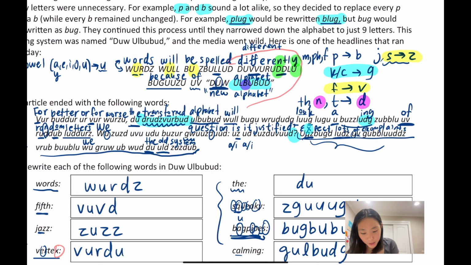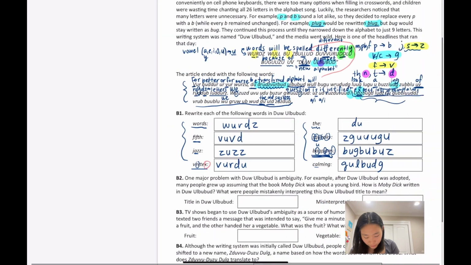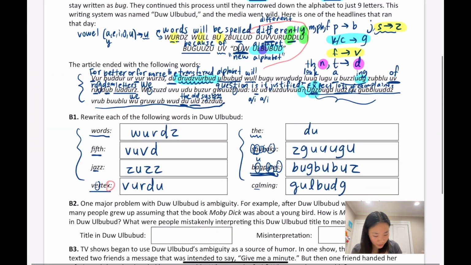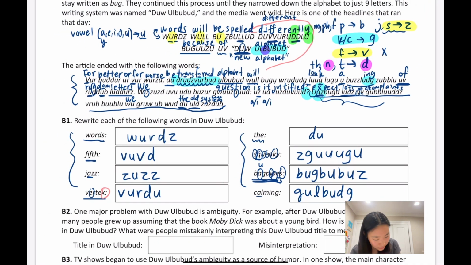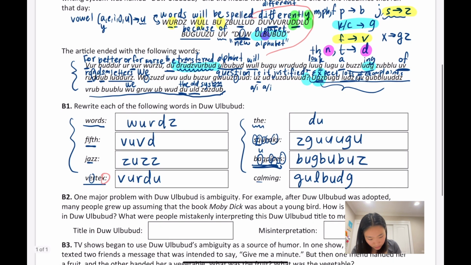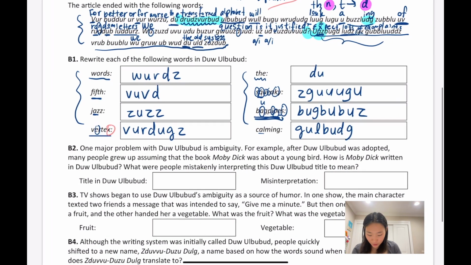And through the word "expect," we will find out this X sound that we really need for our word "vertex" down here. And that is perfect for us because that is the only thing we're missing. So we know that the X sound gets replaced with the GZ, and we can finally figure out B1. Amazing. And so now we just have B2 and B3 left.